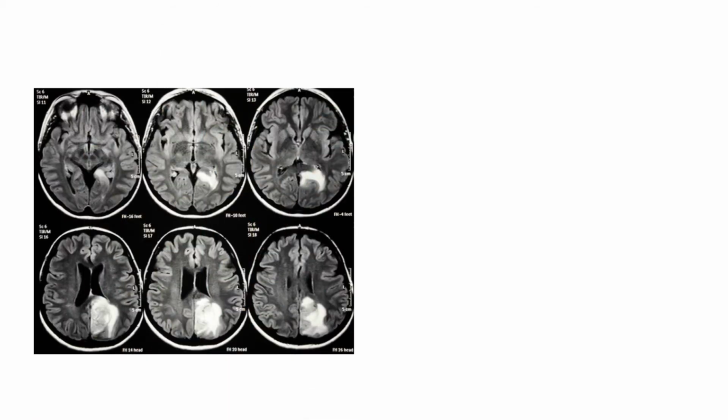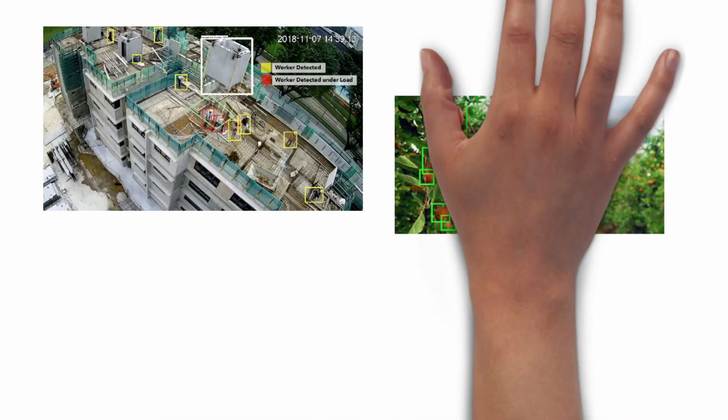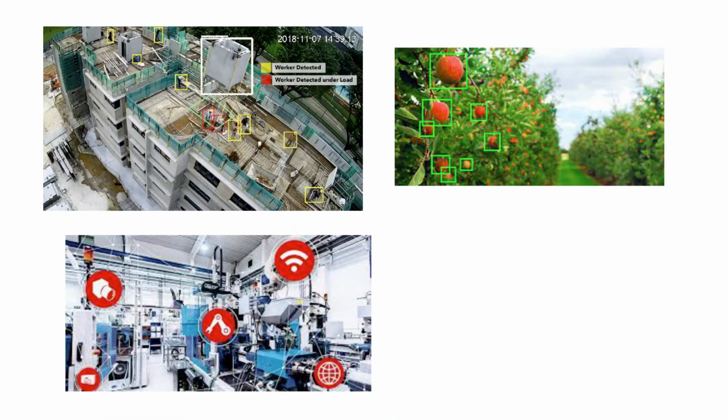Similarly, in healthcare, computer vision can be applied to MRI reconstruction, surgery planning, etc. Computer vision also has applications in construction, agriculture, manufacturing, retail, and more. So the next time you find yourself in a Tesla or playing console games using Microsoft Kinect, you know the magical driving force behind the technology giving you that experience.